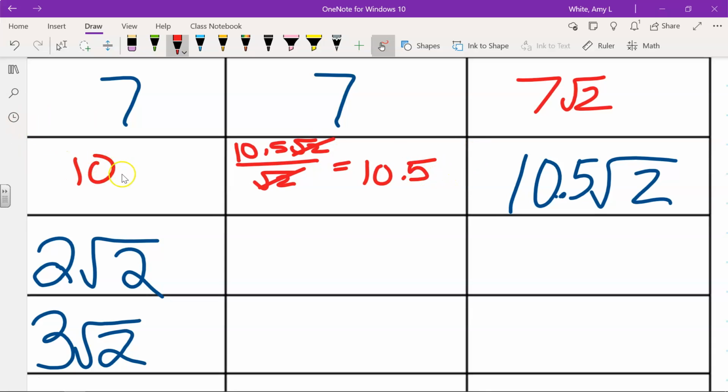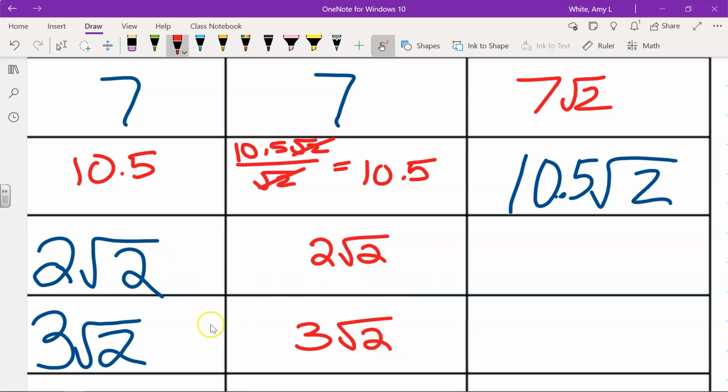And because it is an isosceles right triangle, we know that the two legs are always going to be the same. So down here, we know that these two legs are going to have to match up. So they would either both be 2 root 2 or both 3 root 2. So what do you think the hypotenuse would be if the leg was 2 square root of 2?